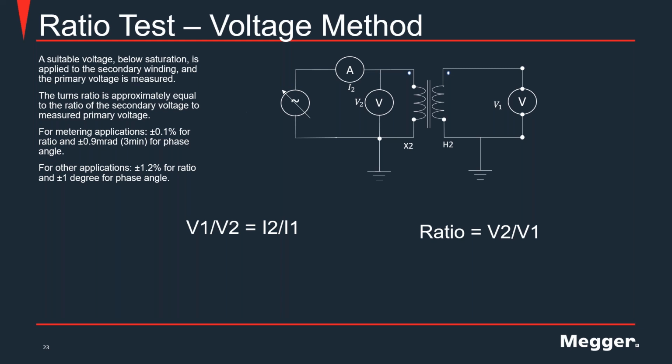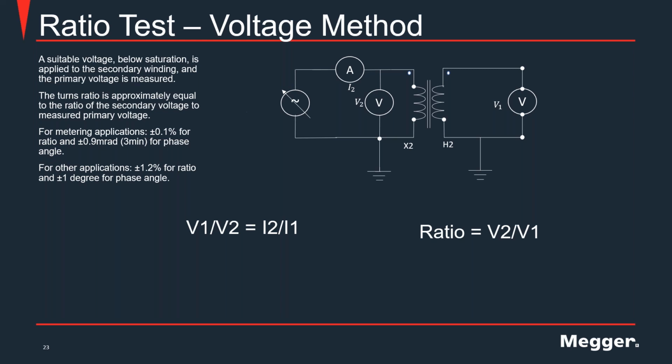So if you apply a DC voltage and do the integral of the area under the DC wave shape or DC curve, you would be able to calculate the amount of flux, and from that you can recalculate the equivalent AC values and determine the amount of flux, and with that method you can determine the saturation point.